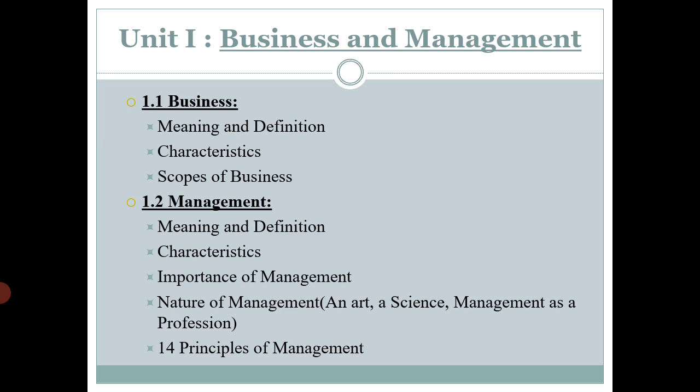Whenever we consider management as an art, what are the different features of art, science and profession, and which features are applicable to the concept of management. We need to recall all these things.